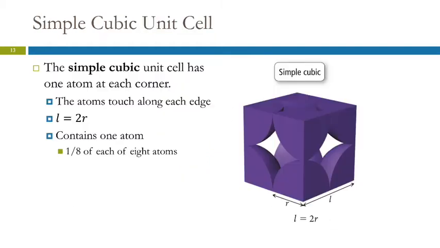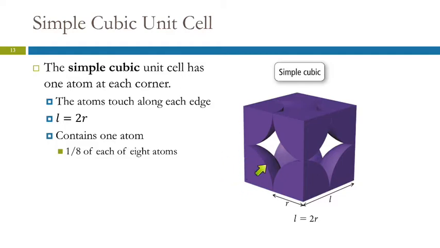So first is the simple cubic unit cell. So here we have an atom at each corner of a cube. This is the unit cell. It goes from the center of this atom to the center of that atom. And if we take this and reproduce it, it will fill out those atoms.